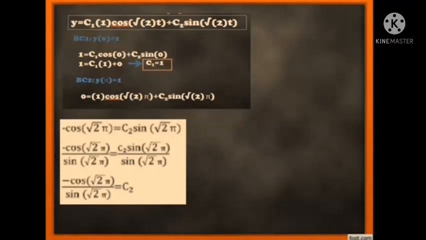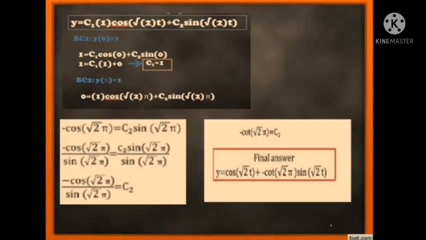Then divide both sides by sin(√2 π), so -cos(√2 π)/sin(√2 π) = c2. We all know that cosine over sine is cotangent, so c2 = -cot(√2 π).